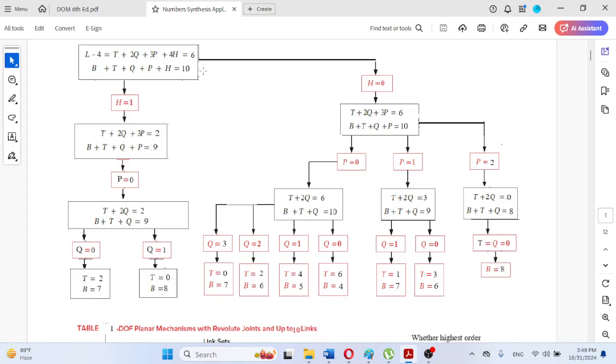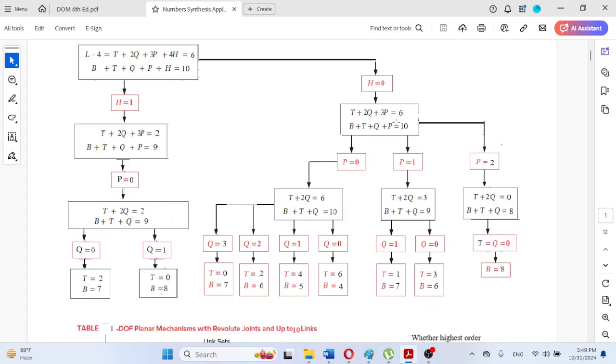Now we approach the other binary value of hexagonal link, which is 0. If we put 0 in this set of equations, the upper equation gives t plus 2q plus 3p is equal to 6, and the lower equation will be reduced to b plus t plus q plus p is equal to 10.